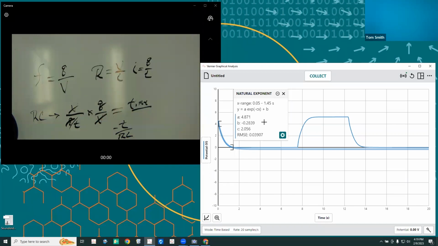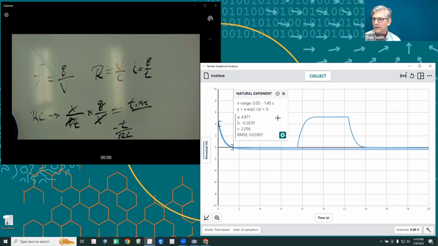Again, this is not very intuitive, so you might go back to the circuit a bit and think about what is going on in the resistor as the capacitor is being discharged.